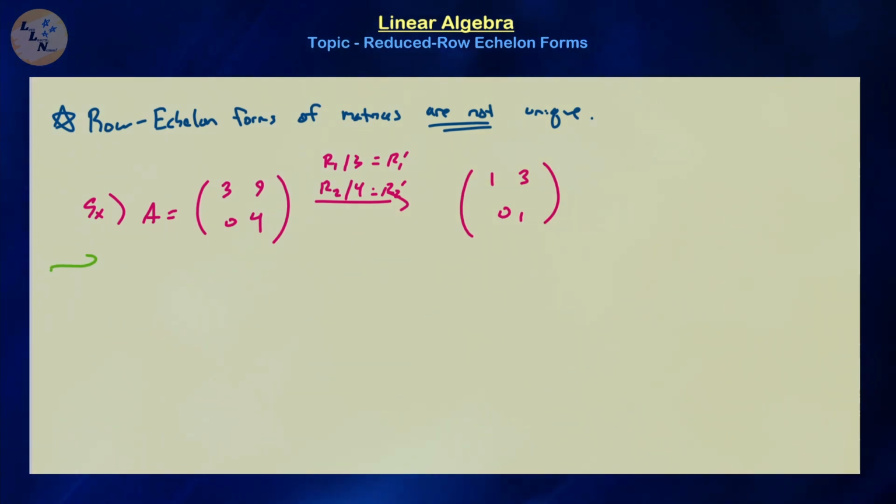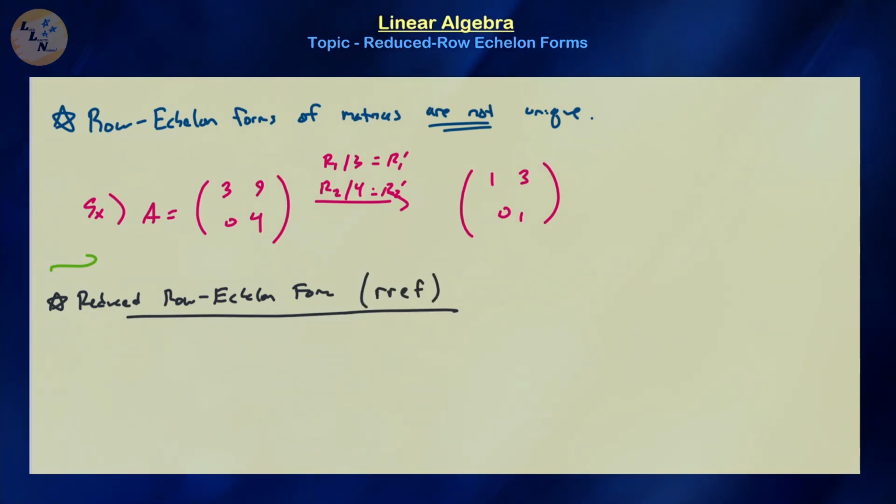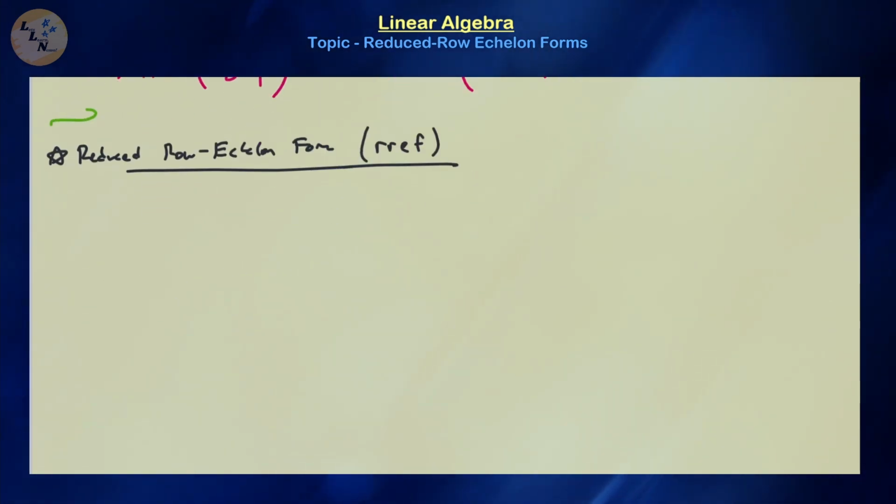So what is the remedy for this? Impose a couple more requirements on that form, and that is where the reduced row echelon form comes in. Some people will abbreviate that as RREF. What are the requirements of a reduced row echelon form for a matrix?